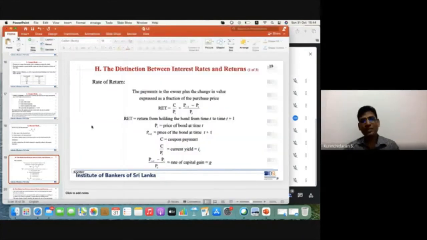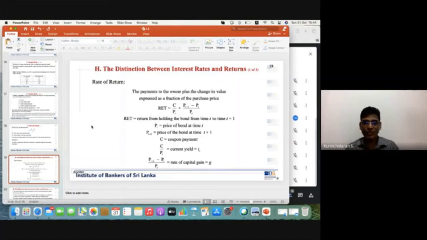So when people think, okay, I'm getting dividend, this is my return. But in addition to that, there would be something else as well. That is the capital gain. So when you calculate the return, you not only talk about the dividend or interest payment, but you also have to include the capital gain.